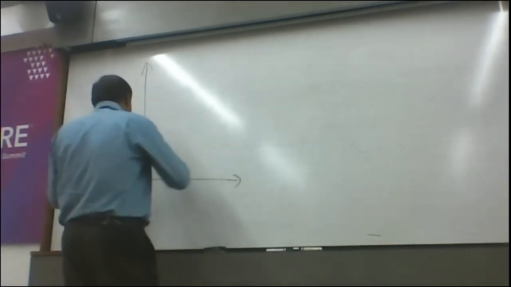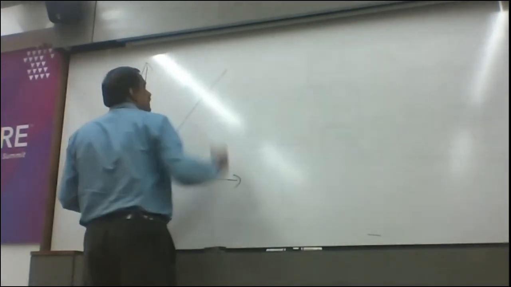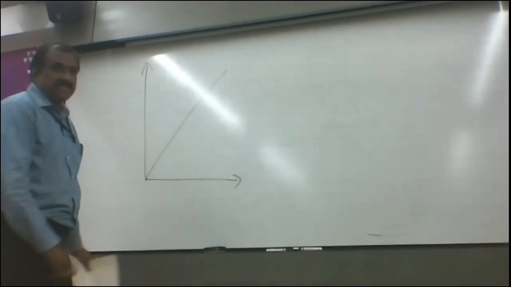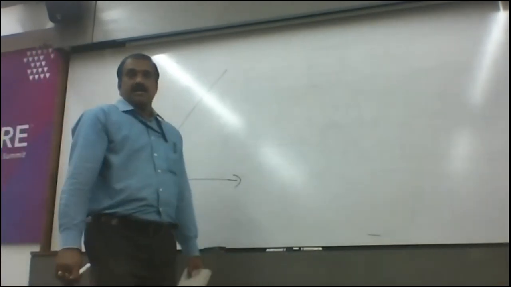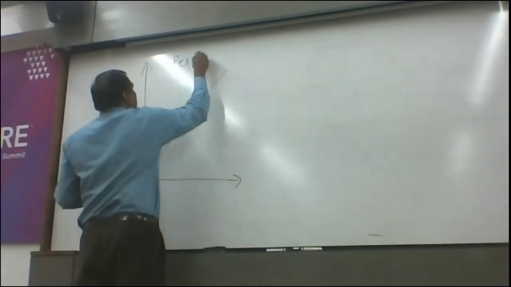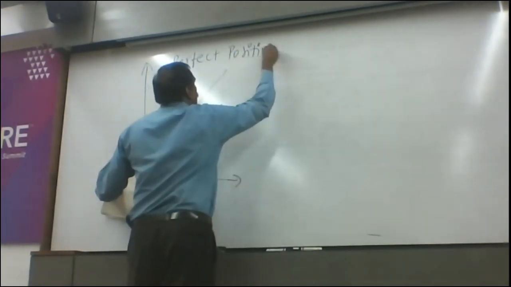If you see here, when the points fall in a straight line like this, we can say that it is a perfect positive correlation.